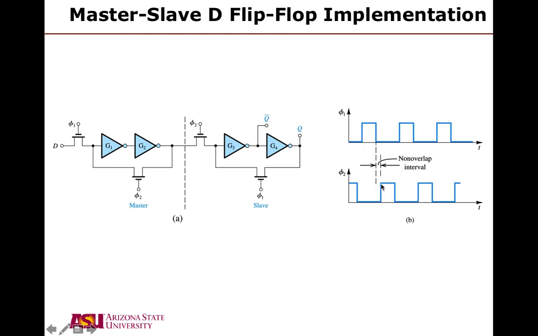And so we don't accidentally start to loop, latch to the wrong data, loop data back to each other, whatever it may be. So in this case, we want phase 1, so the series data switch, to open before we close the feedback loop for phase 2. Otherwise, if phase 1 accidentally is closed when phase 2 closes, we're going to have D coming in and feeding back to Q. We're going to get a violation of our logic.